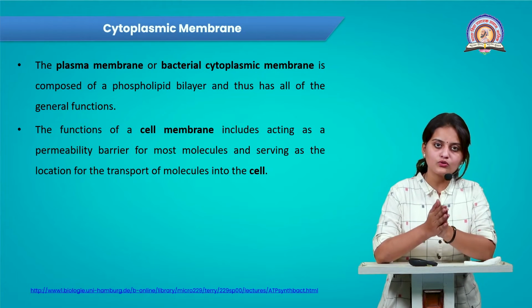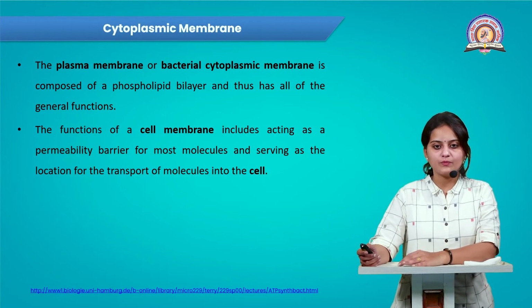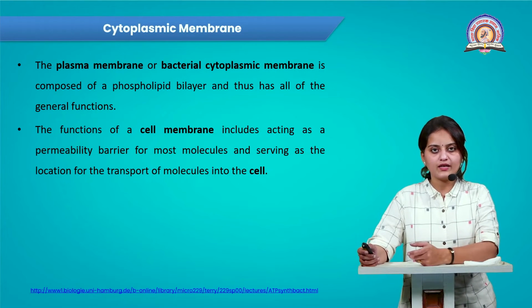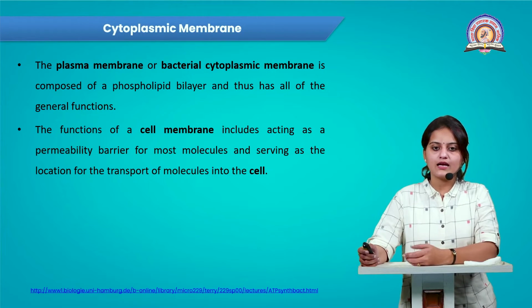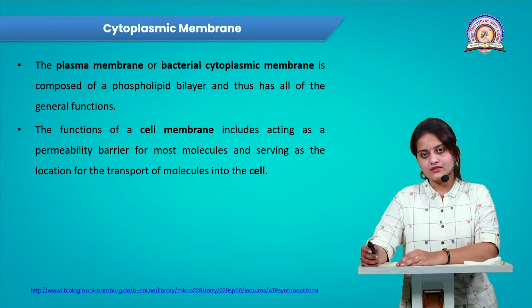It is also known as the plasma membrane or bacterial cytoplasmic membrane. It is composed of a phospholipid bilayer and thus has all of the general functions. The functions of the cell membrane include acting as a permeability barrier for most molecules and serving as the location of the transport molecules into as well as outside the cell.